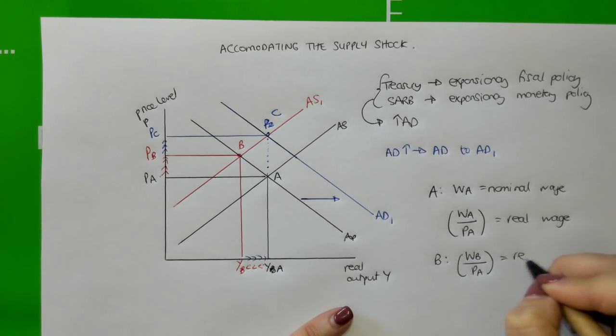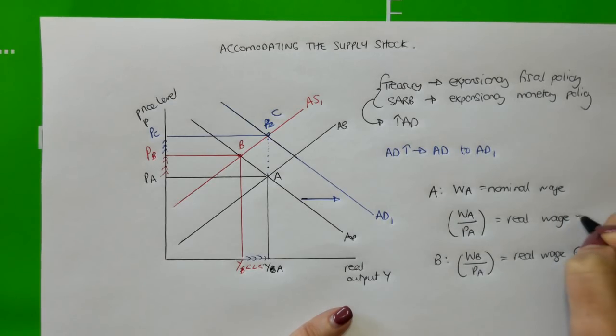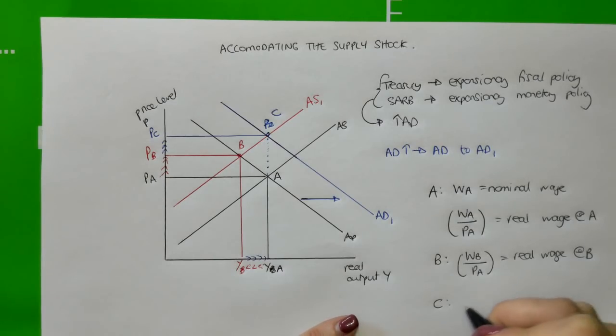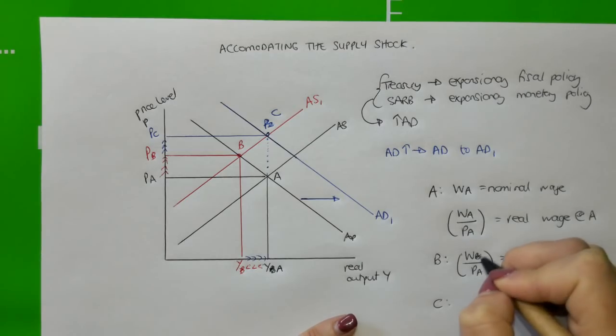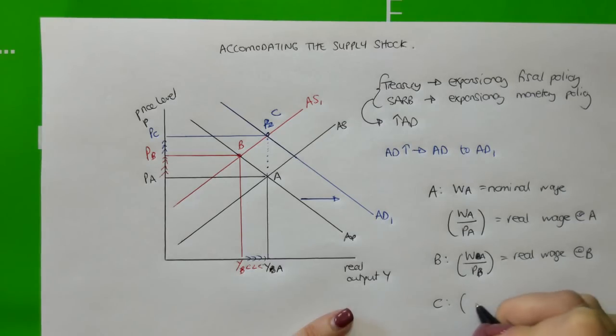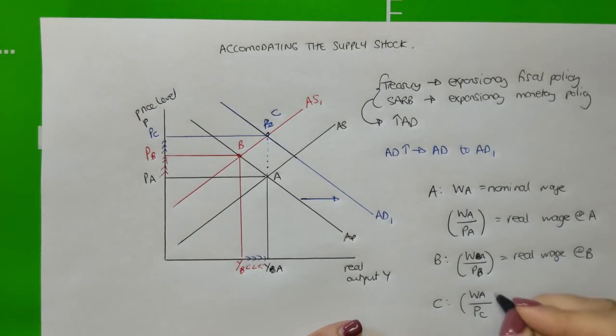So that's the real wage at B, that's the real wage at A. And at point C, the real wage would have been WA over PC. And so that's the real wage at C.